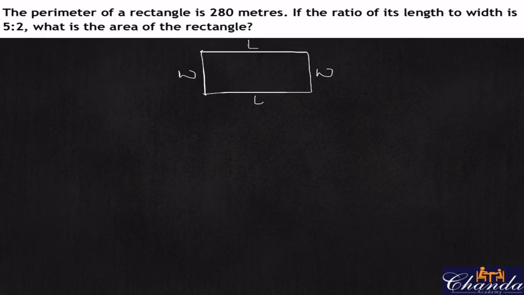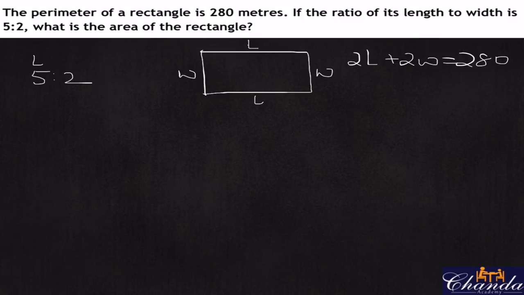The perimeter is simply the two lengths plus the two widths, and in this case, it's 280. The ratio they've given us is 5 to 2, where the length is 5 and the width is 2. So the total number of parts is 5 plus 2 equals 7.